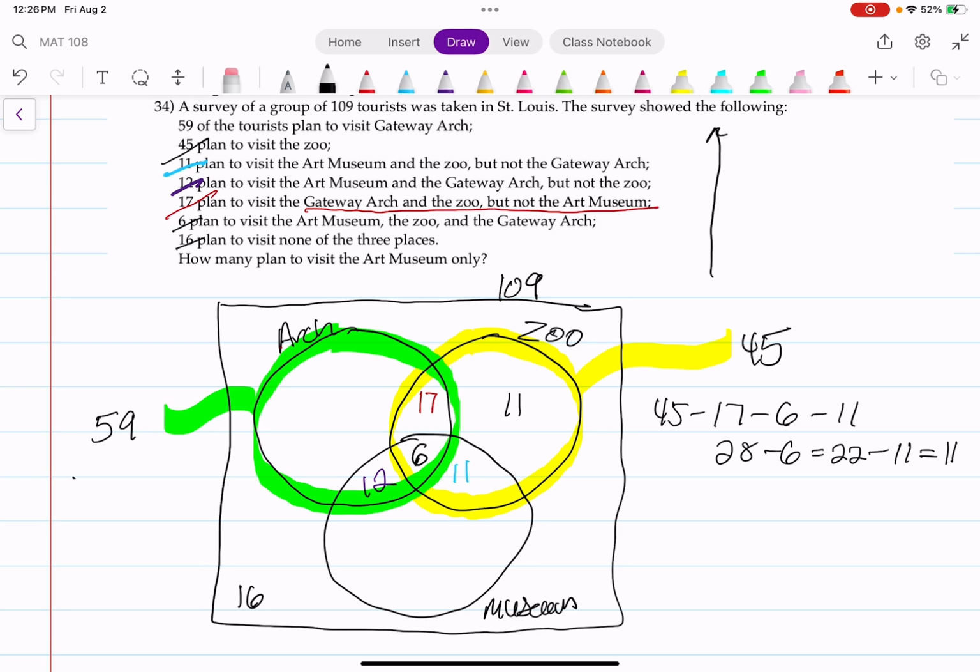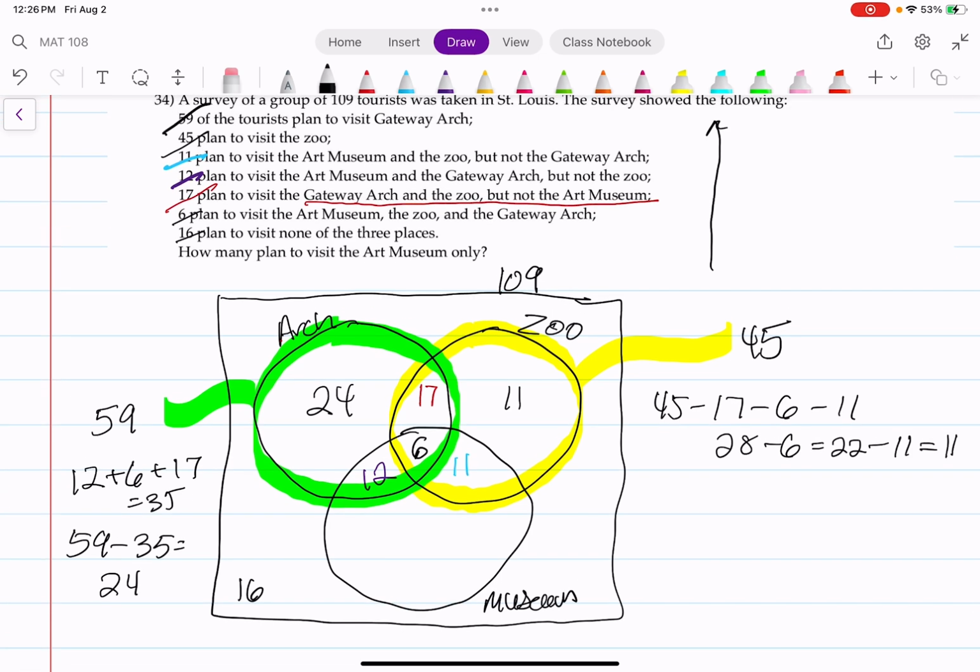So that's going to be 12 plus 6 plus 17. 12 plus 6 is 18. 18 plus 17 is 35. 59 minus 35 equals 24. And 24 goes here.